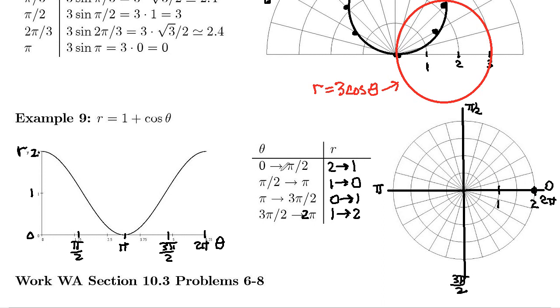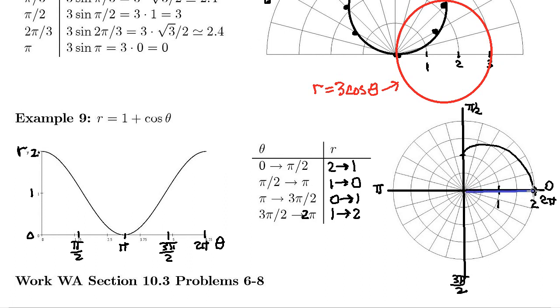And then as theta goes from 0 up to pi over 2, so as you go this way, you don't stay out at radius 2, you go down to radius 1. So instead of just rotating counterclockwise like that, it spirals down here to radius 1 at pi over 2. So it goes something like this. And then as your angle goes from pi over 2 to pi, so let me draw our angle there.